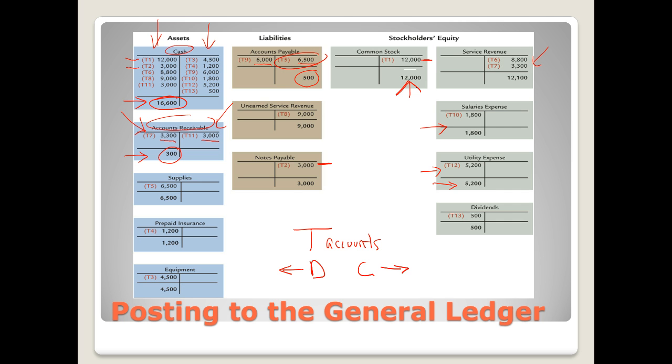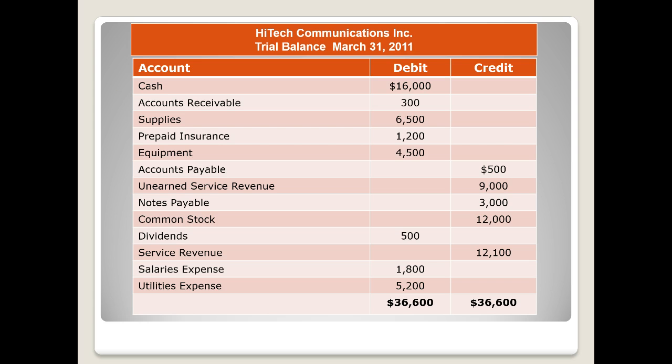We would take all of those and lay them all out. The trial balance on March 31st, 2011 for High-Tech Communications: we start with the $16,600 debit balance to cash, the $300 debit balance from accounts receivable. Again, we're pulling all of these from the final balances on the general ledger.